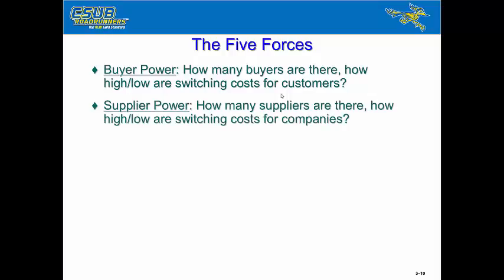Supplier power, similar concept. If there are not very many suppliers for your industry, they tend to have a lot of power. However, if your switching costs are low as the buyer, then even though there may be a few suppliers, they don't have as much power as they would have, because it's easy for you to switch from one to another.